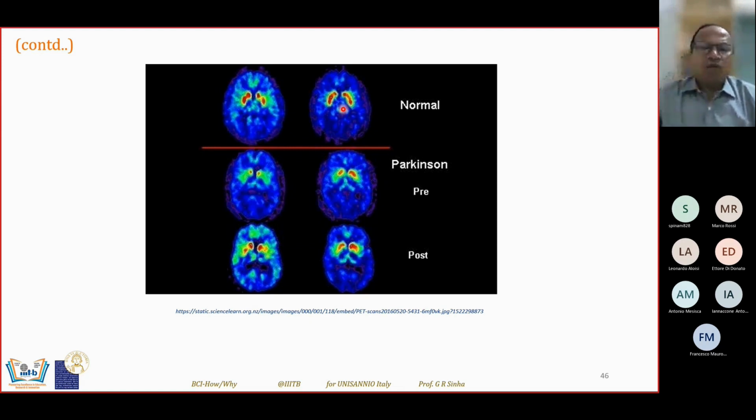And I have already talked about Parkinson's disease, that's a mental disease. If it is in the early stage, pre-Parkinson's, it will look like this. But you see here, in post-Parkinson's, the blood flow is very abnormal.